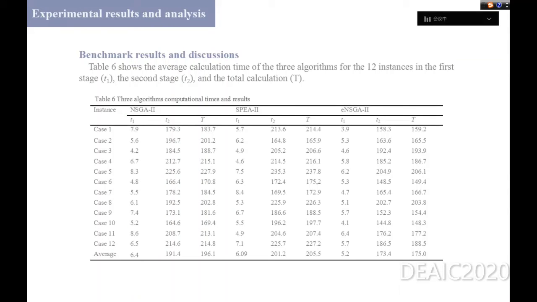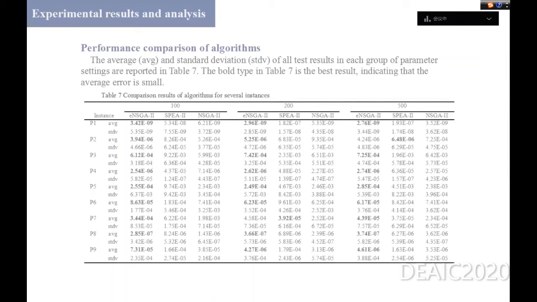Now, the benchmark results and discussions. Table 6 shows the average calculation time of the three algorithms for the instance in the first stage, second stage, and the total calculations. For the performance comparison of algorithms, the average and the standard deviation of our test results in each group of parameters are in Table 7.